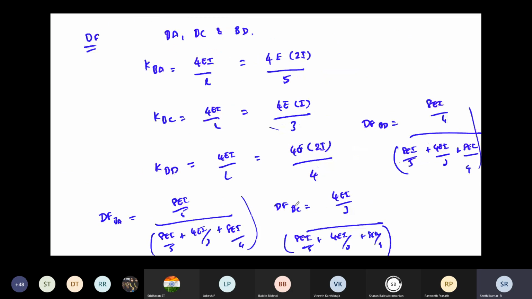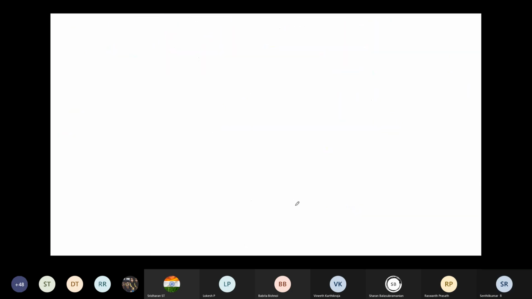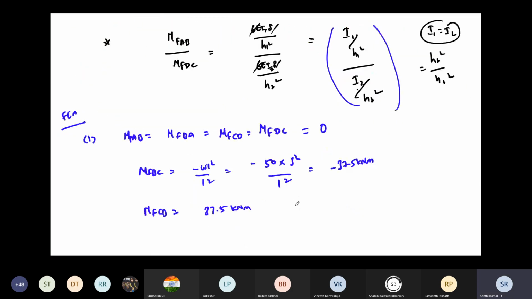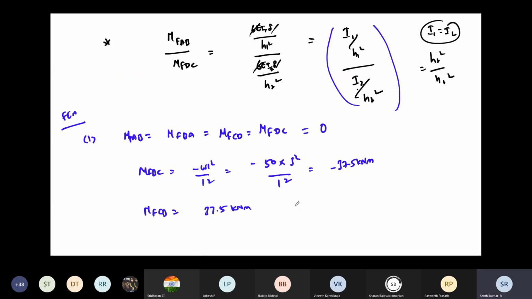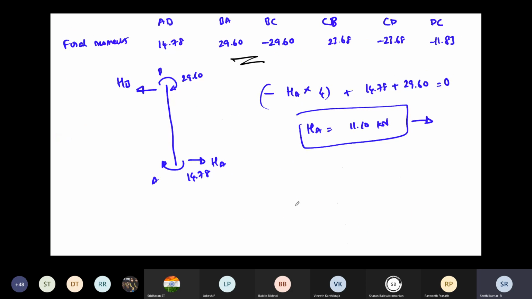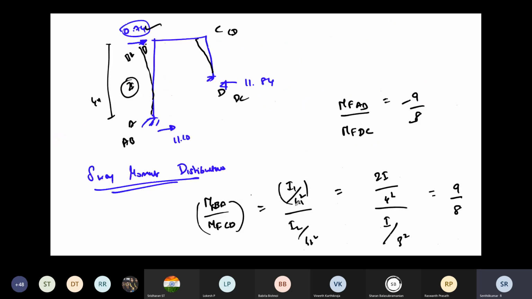I find AB and DC as a ratio, I1 by H1 square equal to I2 by H2 square. That only we have to maintain. So based on the ratio, we can assume some arbitrary value. The ratio here we found as 9 by 8. You can make it 18 by 16 or whatever.